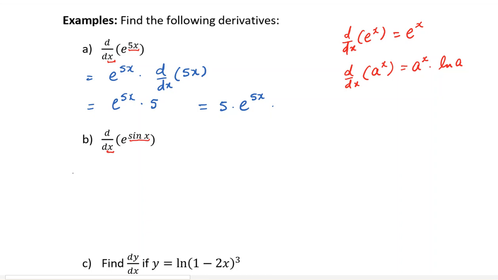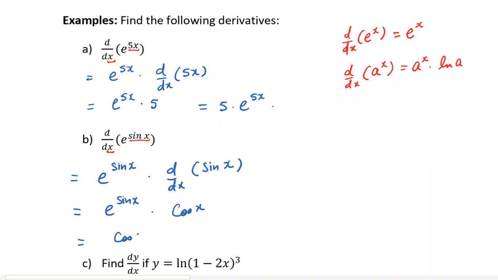The derivative of an exponential function is the same exponential function, but if the power is different, we take the derivative of the power. So we get e raised to power sine x, and the derivative of sine x is cosine x. So we have cos x times e raised to power sine x. So that is our answer.